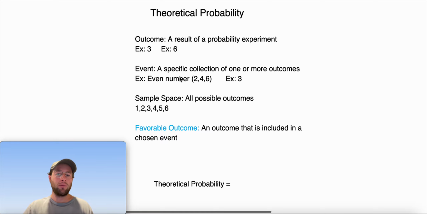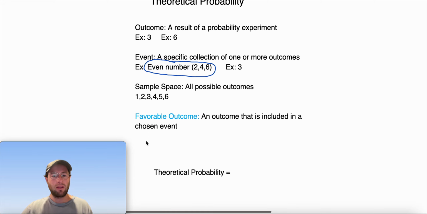Let's say that we choose the event of rolling an even number. Then a favorable outcome would be rolling a 2, because it is included in our chosen event of rolling an even number. Another example would be rolling a 6.